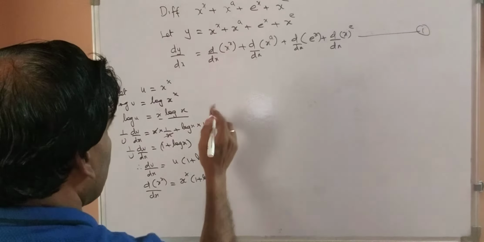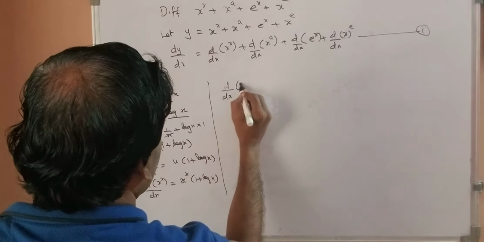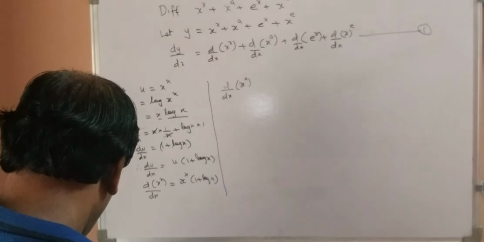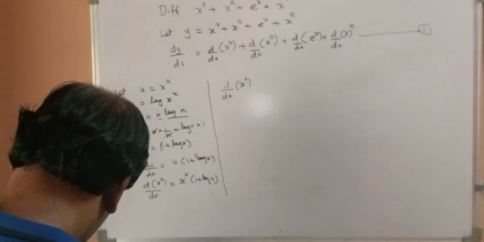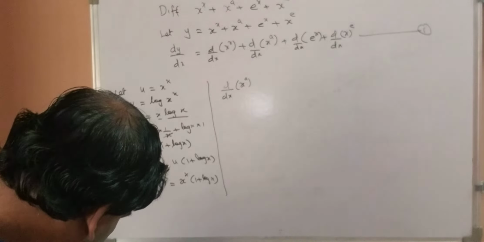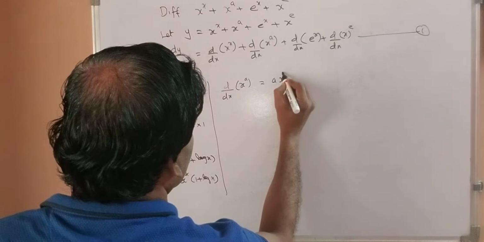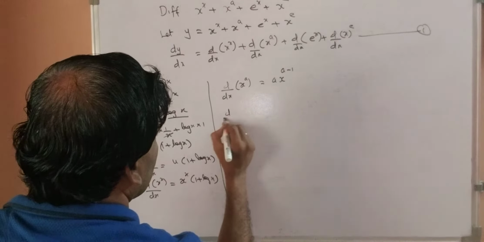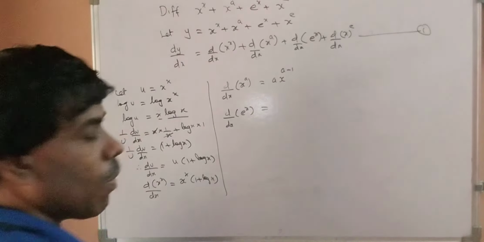So this I got. Now what is the derivative of x raised to a? Using the x raised to n formula, a into x raised to a minus 1. Now what about d by dx of e raised to x? What is the derivative of e to the power x?